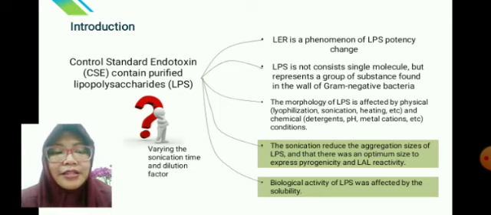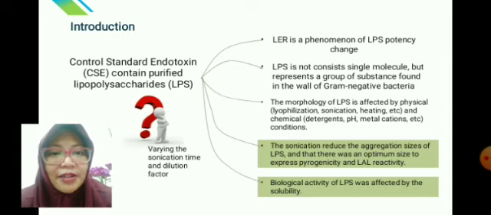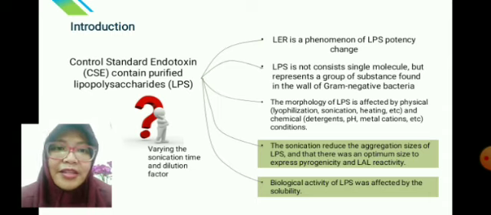And then the biological activity of LPS is affected by solubility. That's why it becomes our question: can we vary the sonication time and dilution factor so we can get a more achievable recovery of endotoxin concentration?